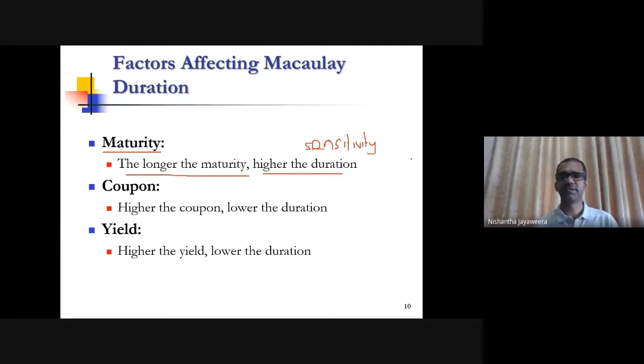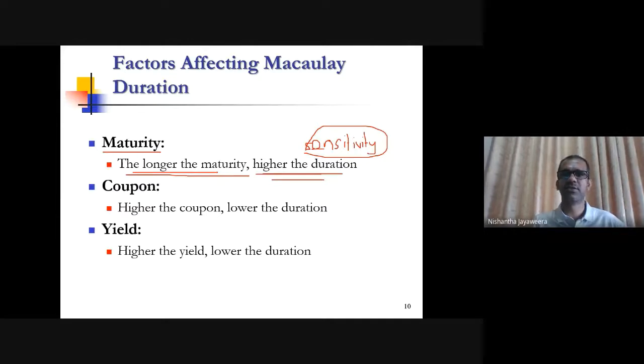If interest rate changes by a very small amount, price changes by a higher amount, if the duration is high. Duration high means the sensitivity is high. Duration is high when the maturity is longer.